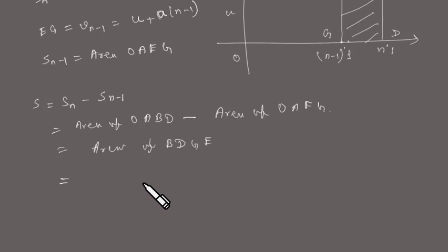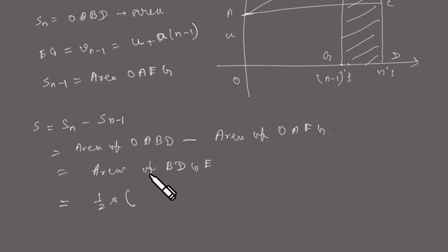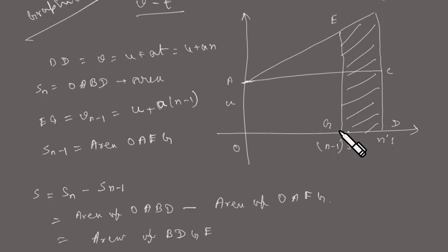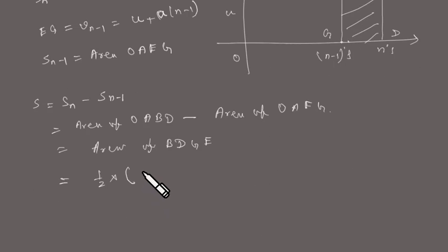Now we know the formula for the area of a trapezium is half into the sum of the parallel sides into the distance between them.